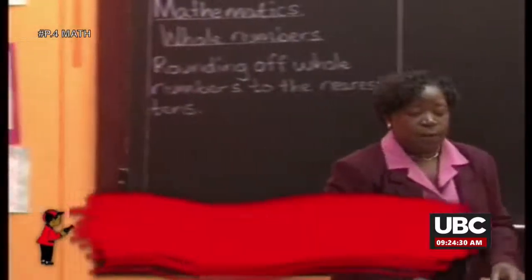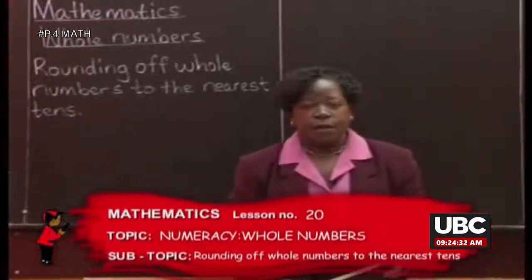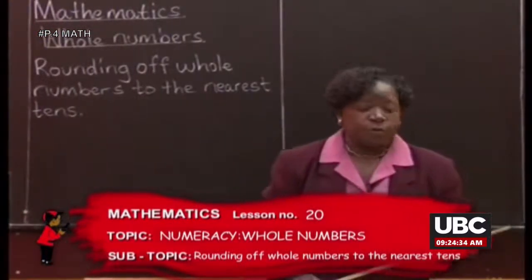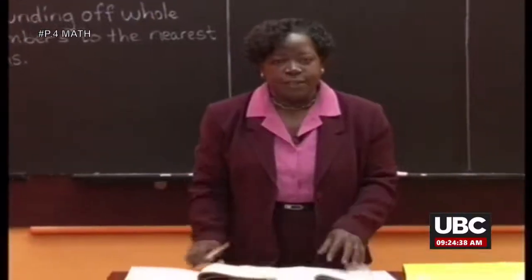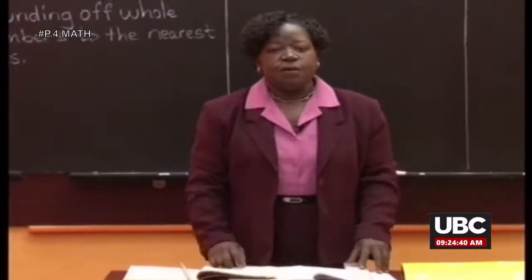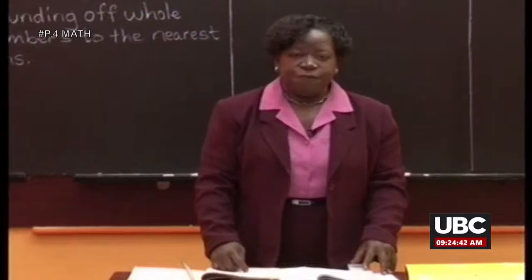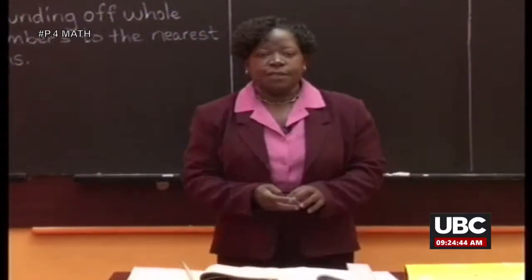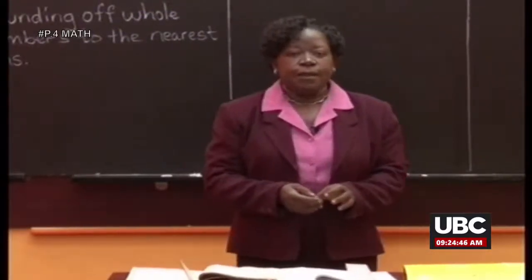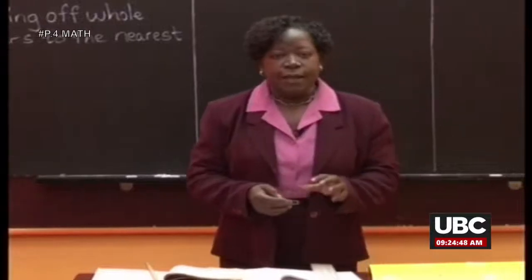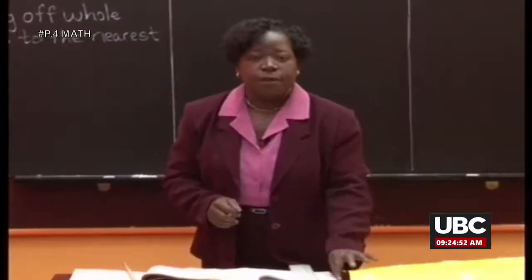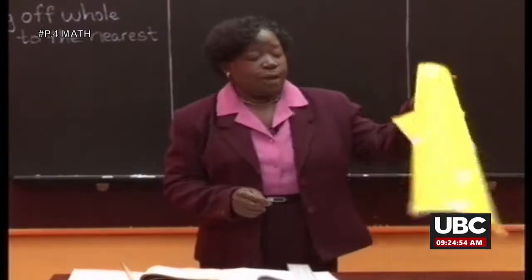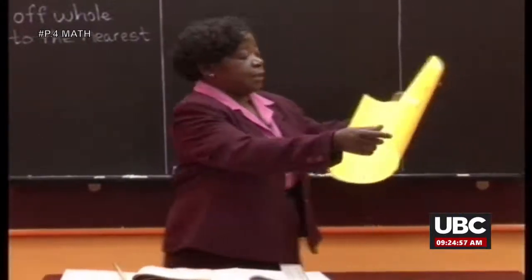Rounding off whole numbers to the nearest tens. And which tens are we talking about? We are talking about 10, 20, 30, 40, 50, 60, 70, 80, and 90. We use a number line if we have to round off. And let's look at this number line.